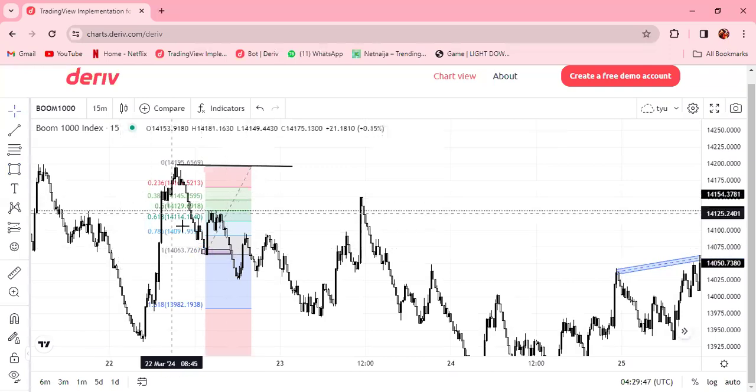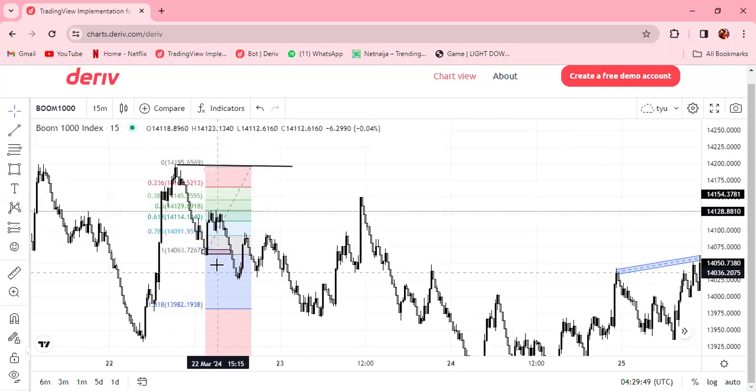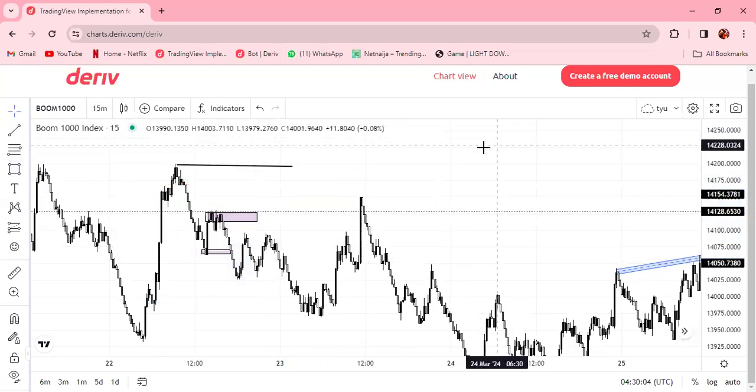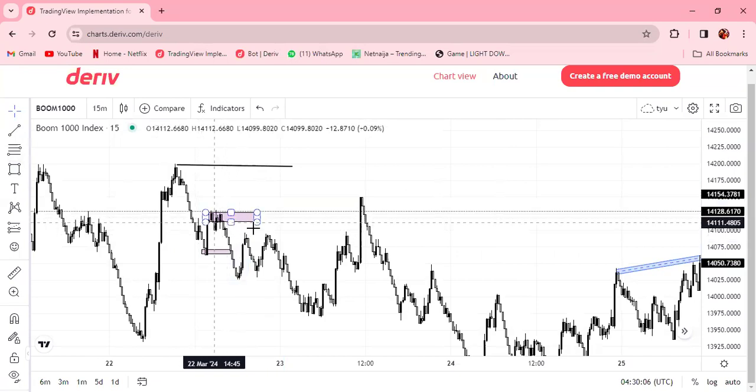Then when you go to this zone here, it retests the 61.8 since we are catching the trend, and the trend wasn't starting, it's continuing, right? Then let me delete my Fibonacci like that. So that's where our entry is.